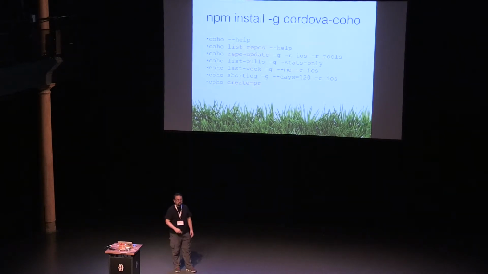Last week shows commits that happened last week, and you can specify the number of days. Short log gives you stats of who committed to the repo, so you'll see, for the past 7 days, maybe I contributed 10 commits, and say Jesse 5 commits, or Steve 10 commits. The last one is one I will demonstrate, coho create-pr.